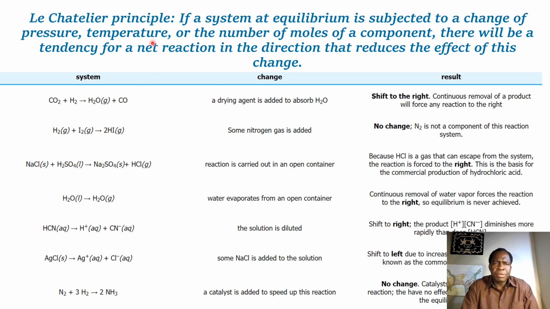The Le Chatelier principle states that if a system at equilibrium is subject to a change of pressure, temperature, or the number of moles of a component, there will be a tendency for a net reaction in the direction that reduces the effect of this change.